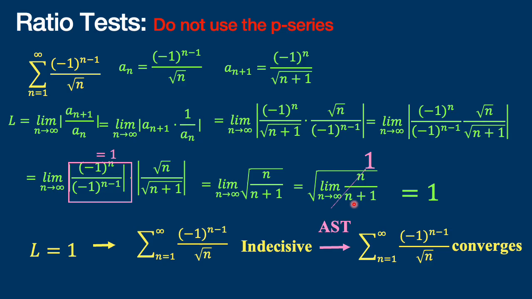So remember that you cannot use the ratio test all the time. It depends on the series. For factorial and exponential forms, you definitely use the ratio test, but you cannot use it for a p-series.